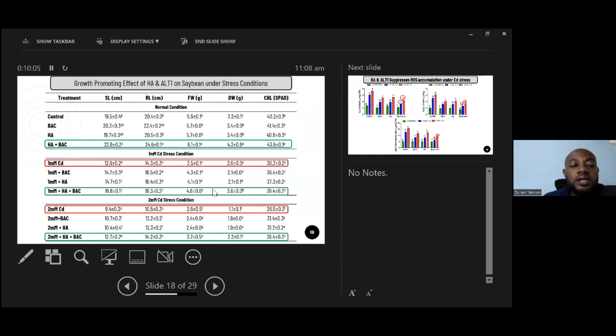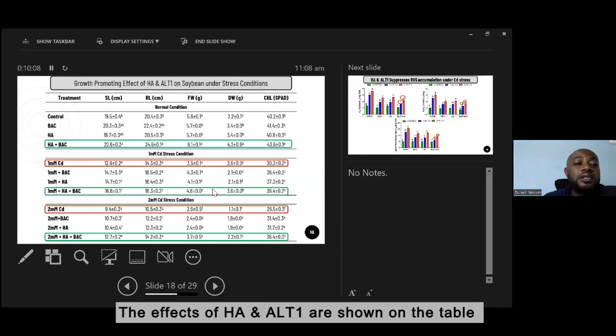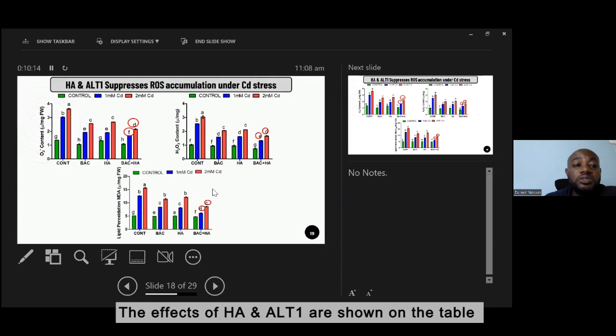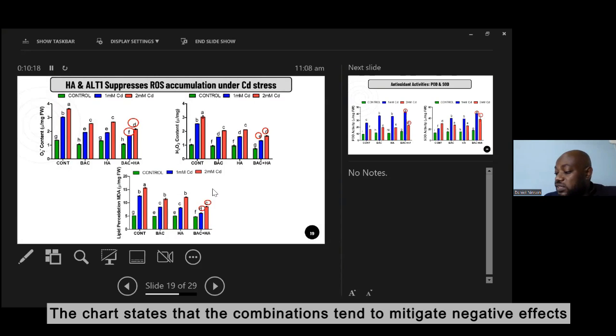This table gives more details about the root and shoot length, the fresh weight, and how they were impacted under the various treatments that we issued. This is more of a study on the oxidative stress markers.